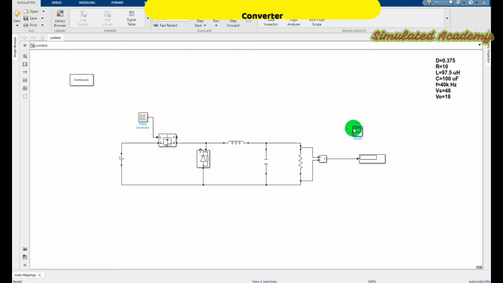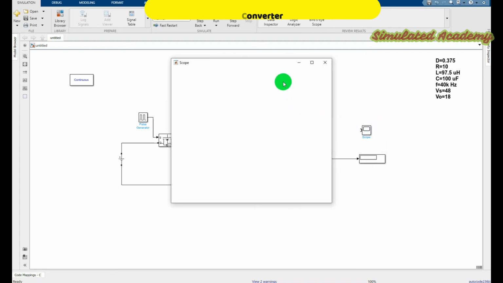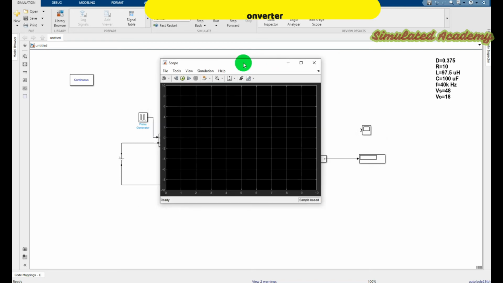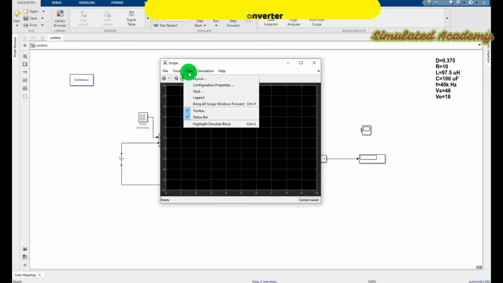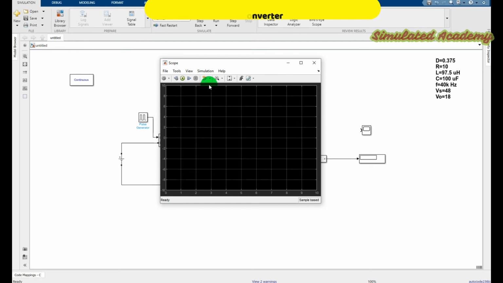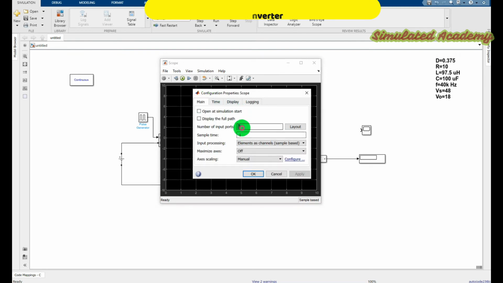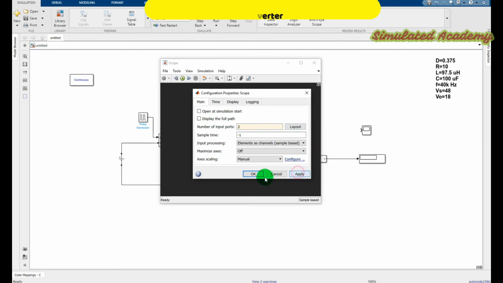It's very slow. It should appear now, here it is. Go to view, configuration properties, number of inputs. I make it 2 and the layout should be 2 columns. Apply.